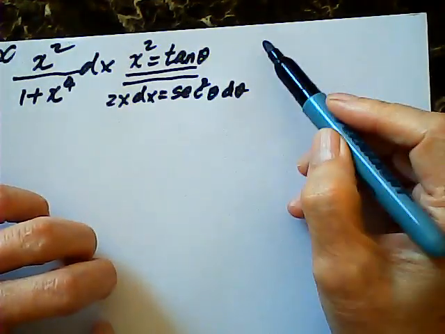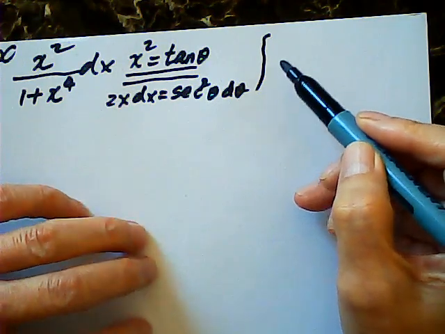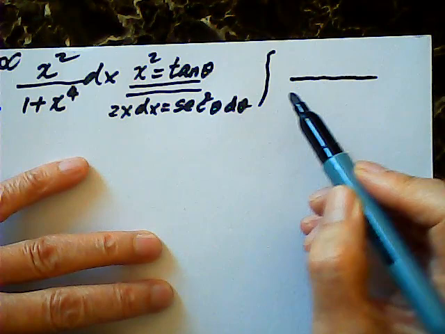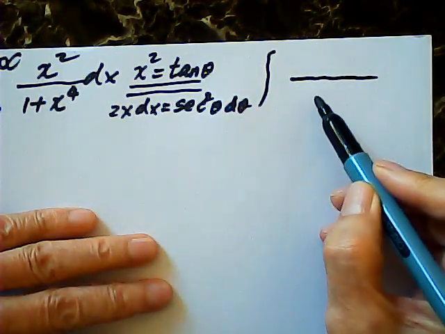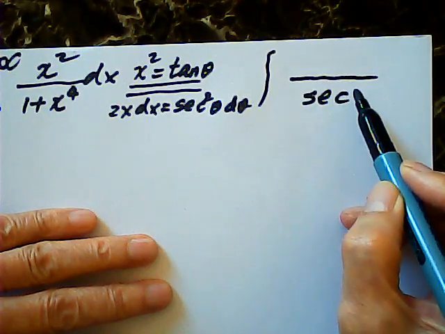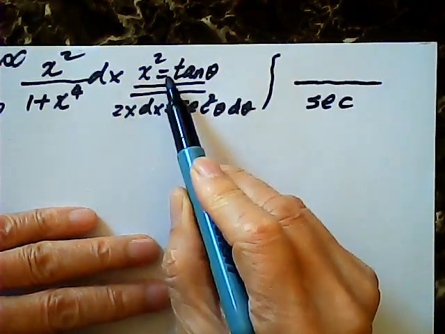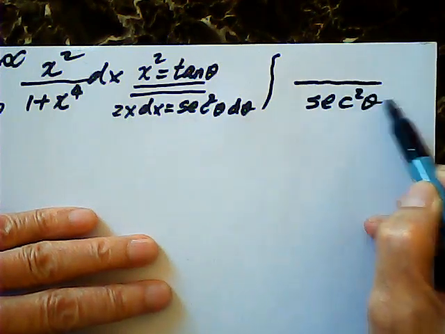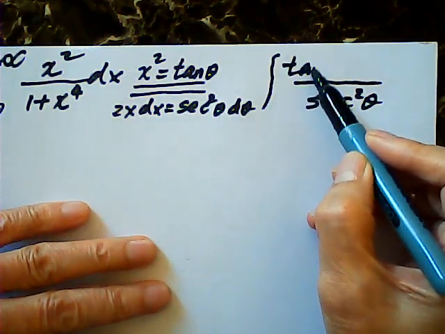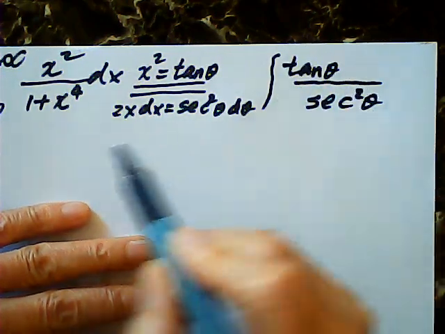Well, then the integral becomes this will be secant squared theta, and this will be tangent theta.